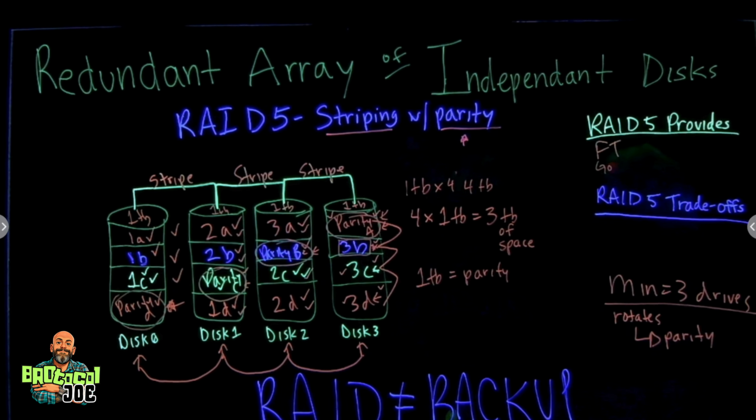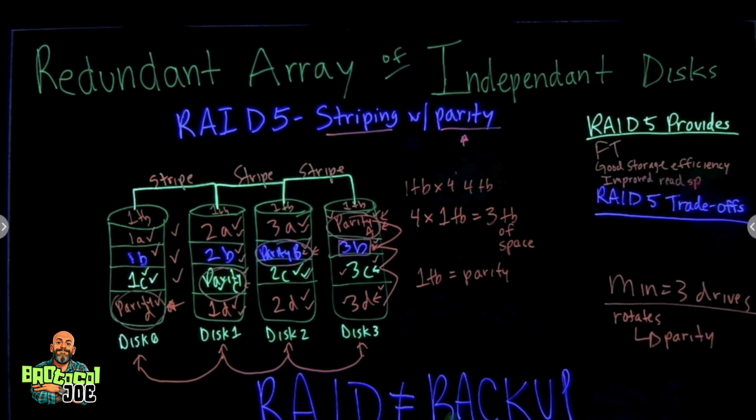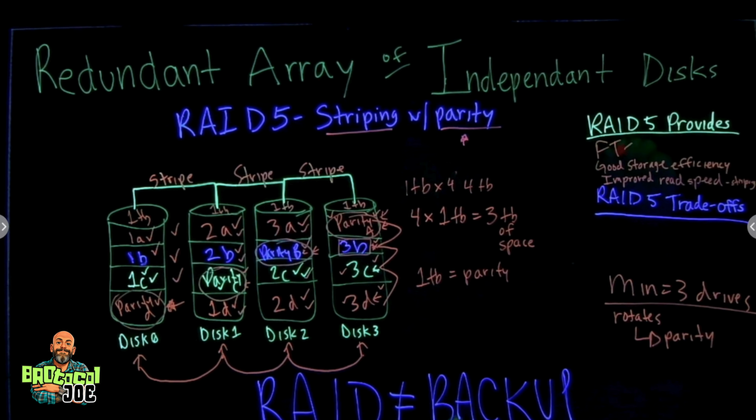It also has good storage efficiency, and it has improved read speed. And that is because of the striping, okay? Fault tolerance because of the parity drive, good storage efficiency. I'm not saying you have good storage options, but the efficiency in the storage is good.